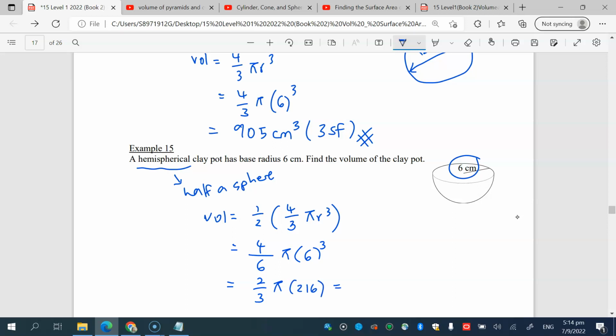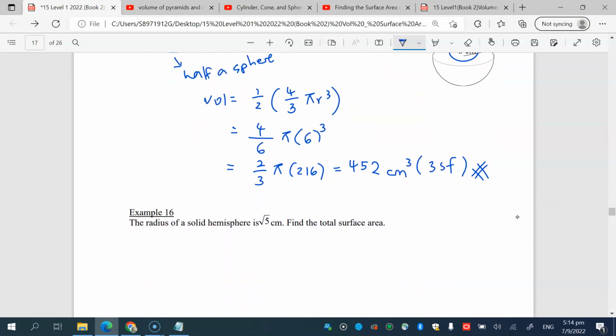So press calculator. Answer is 452.389. So to 3SF, it's 452 cm cube. Very easy.